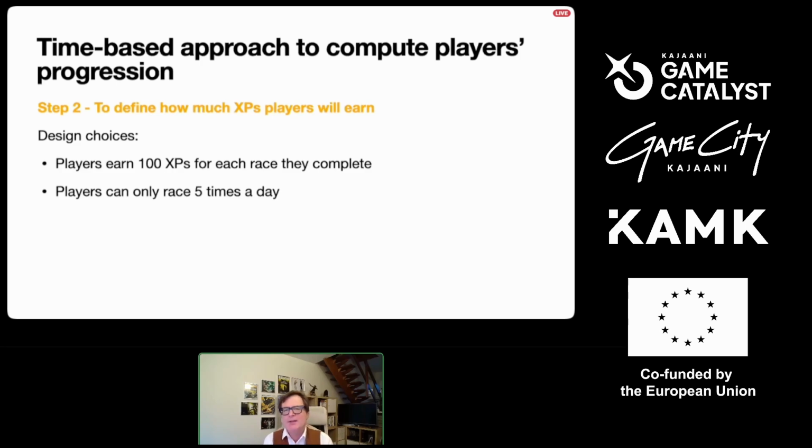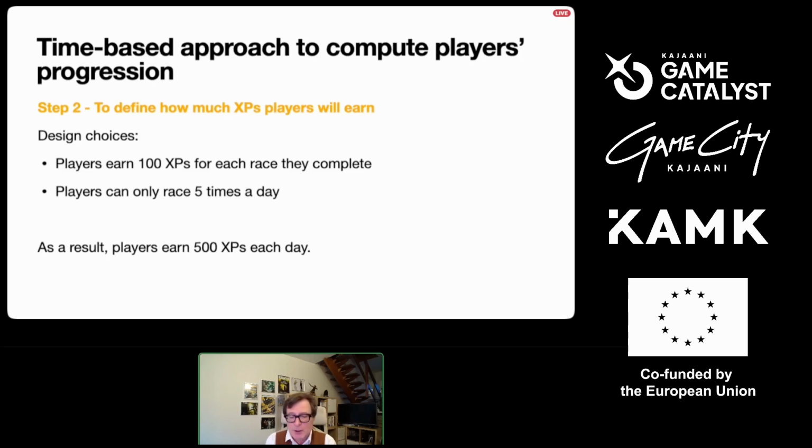And I define that players can do 5 races every day, like in some games such as CSR Racing, where you've got fuel points, which limit the number of races you can do every day. As a result, if they race 5 times a day, players can earn 500 XP a day. Obviously, I insist this is a very simple example for teaching purposes.